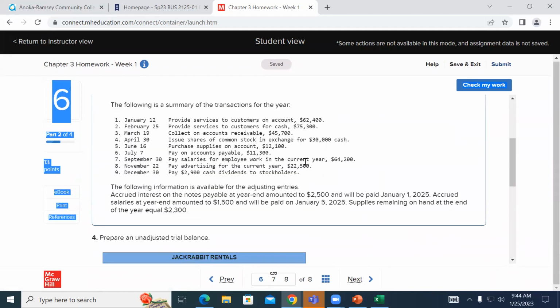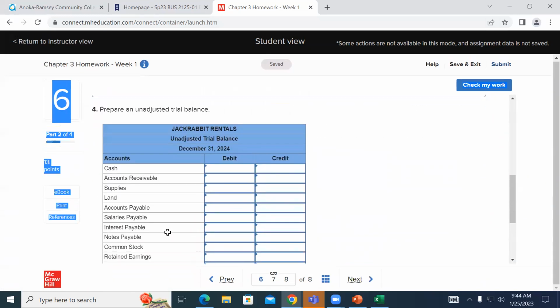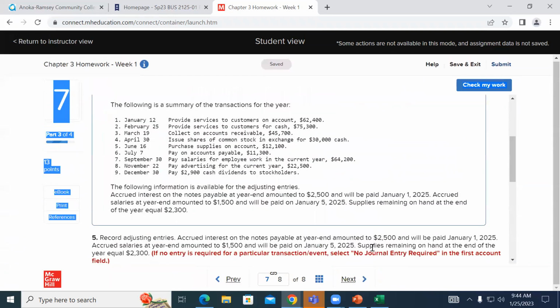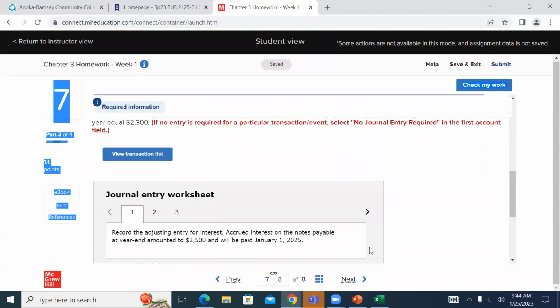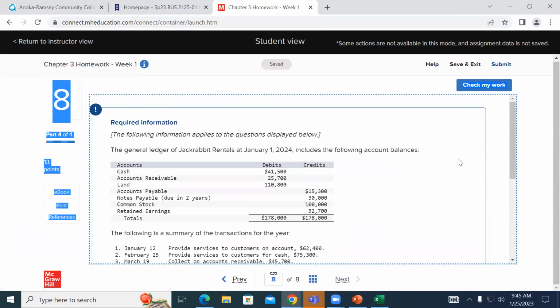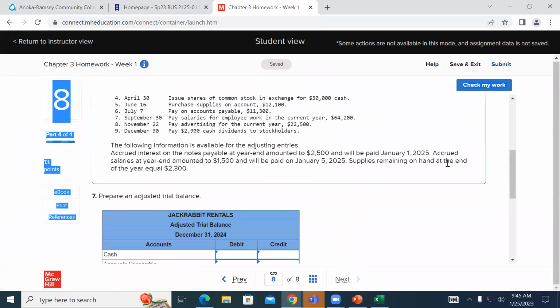various information that you have to prepare an unadjusted trial balance. We've got reporting journal entries again. You see, practice, practice, practice. And then an unadjusted trial balance.